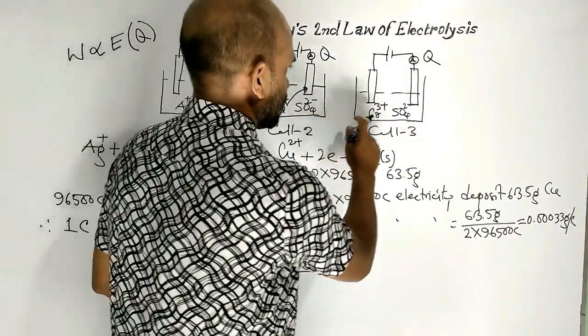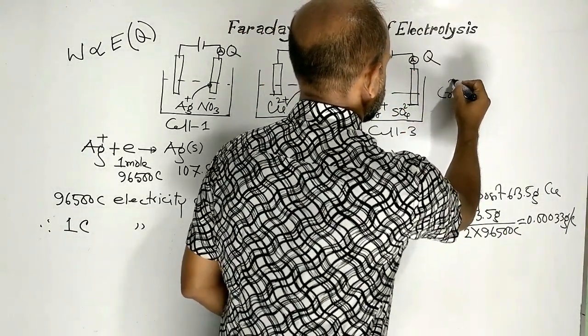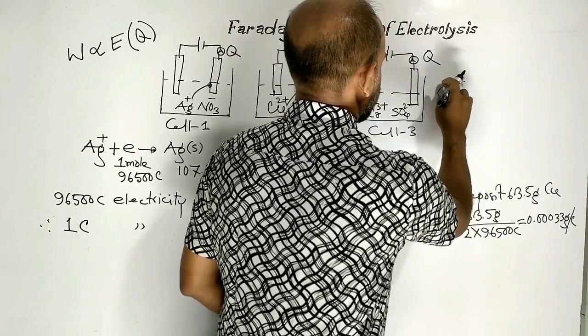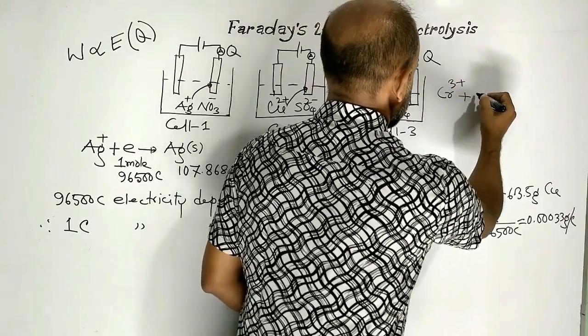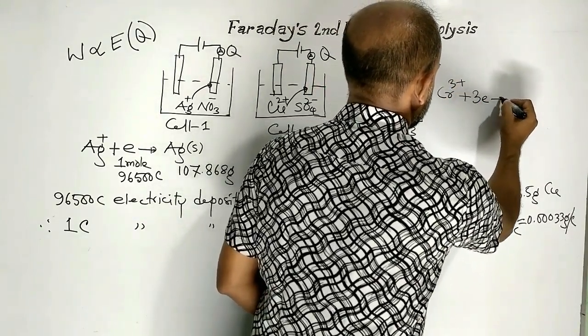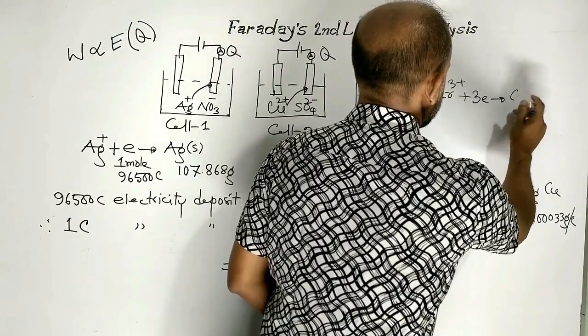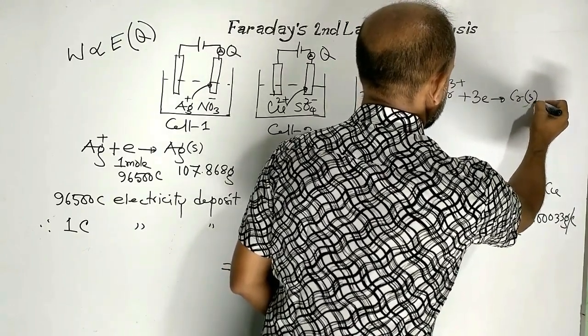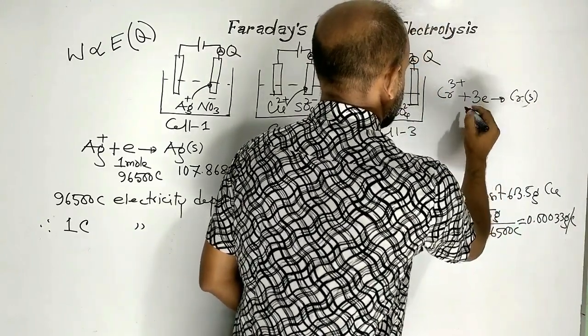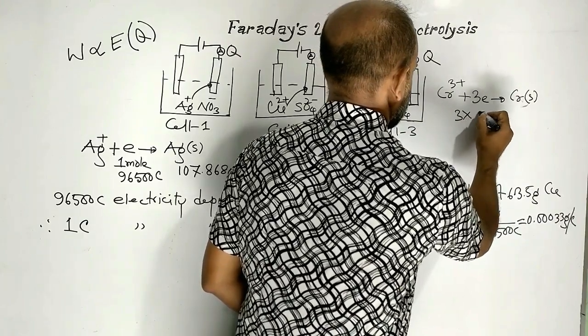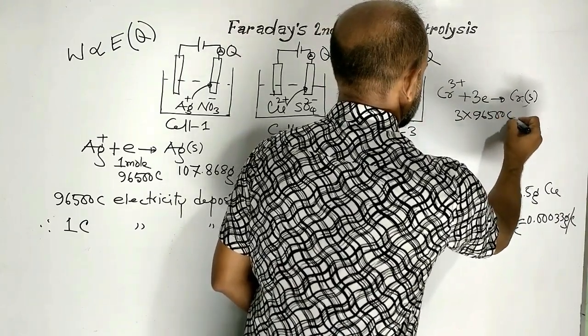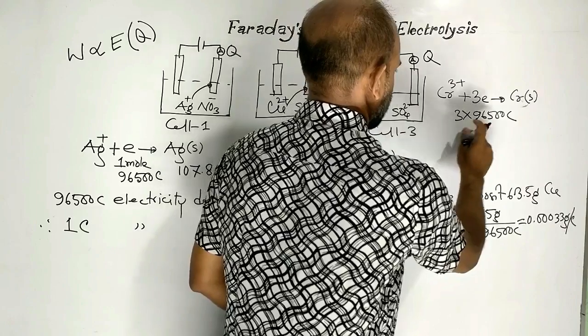Again, for chromium, 3 plus ion receives electrons to form solid chromium. 3 moles of electrons. Charge this coulomb.